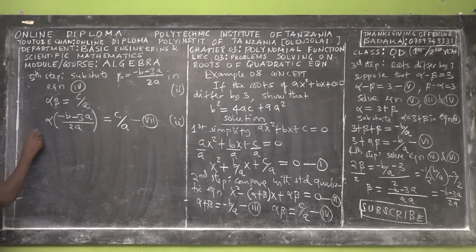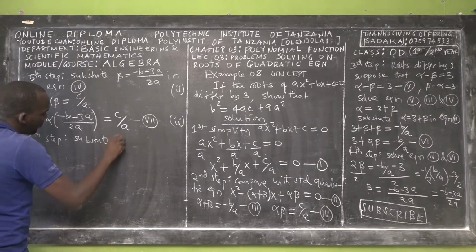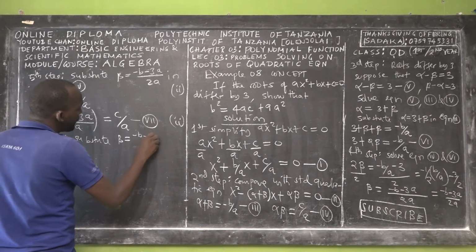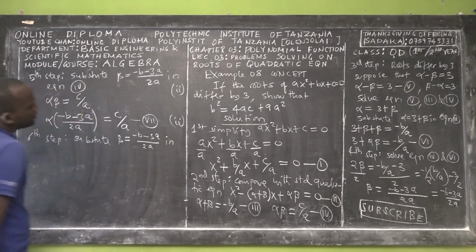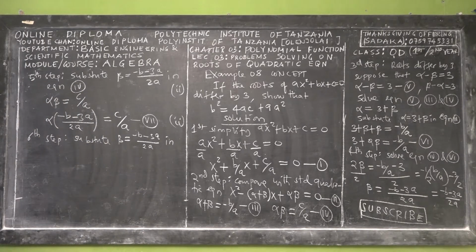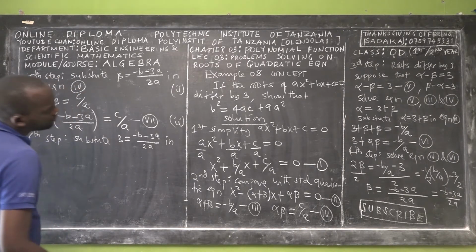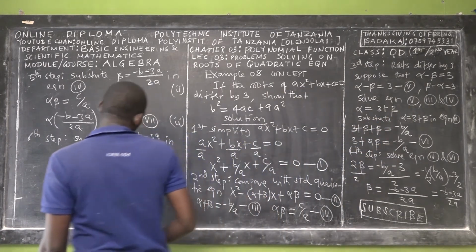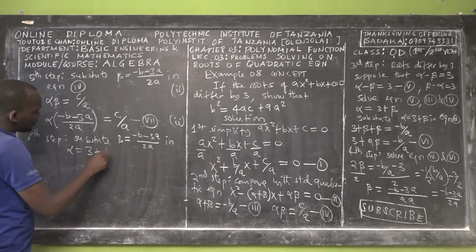So for the sixth step, substitute beta is equal to negative b minus 3a over 2a in this expression. Rename it. So in alpha, you go to 3 plus beta.